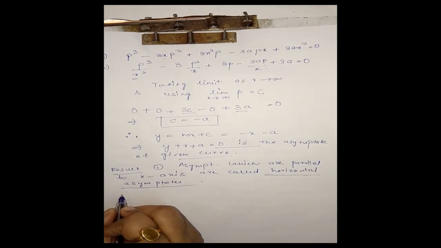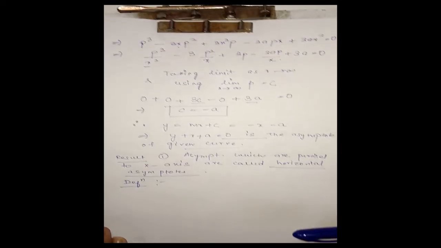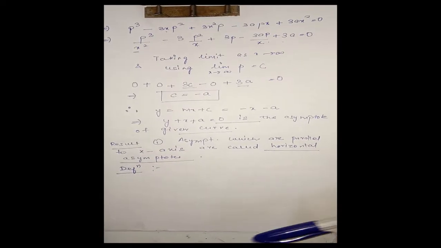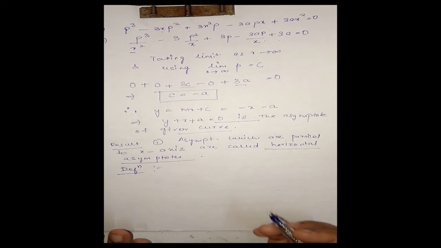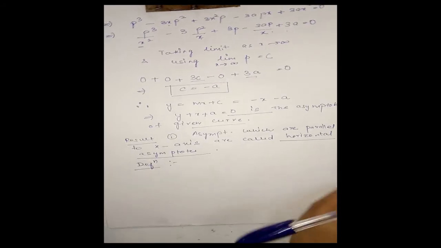By definition there is another method to find the horizontal and vertical asymptotes.